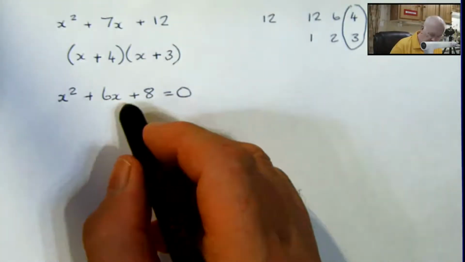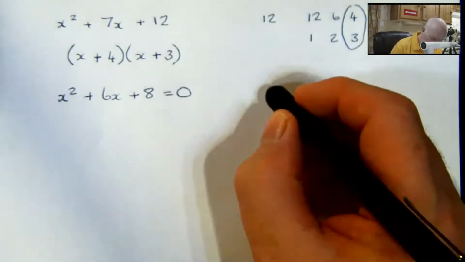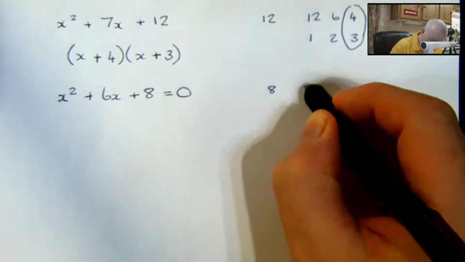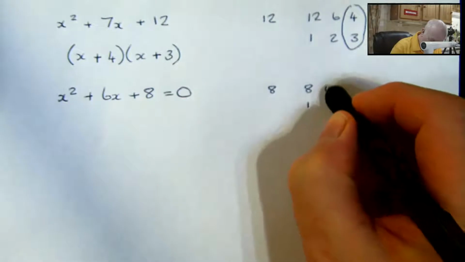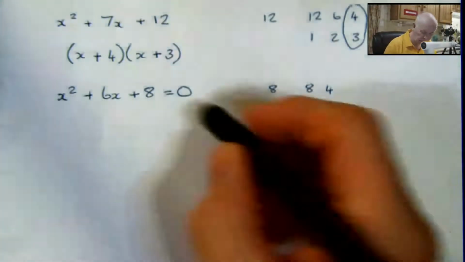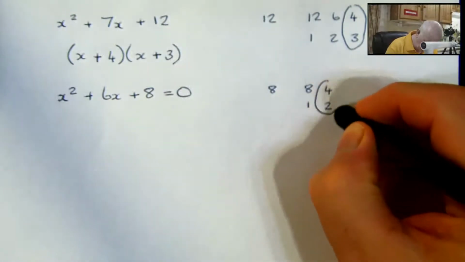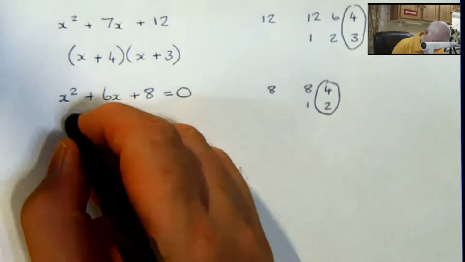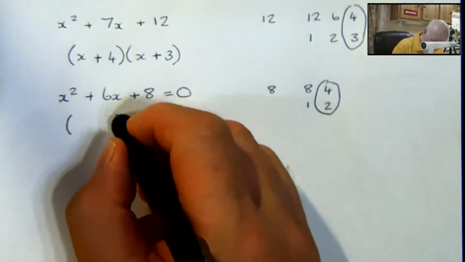We perform this exactly as before. I've got my number 8, and that's going to be 8 and 1. We can make 4 and 2. And I want to make 6, so 4 and 2 looks like our candidate here. Let's write down our brackets.